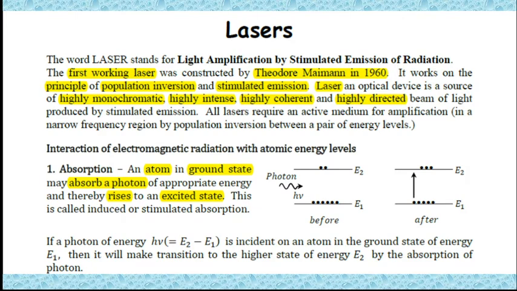It will have very high intensity. The coherence of laser light is very large, and laser light will be highly directional. There will be negligibly small deviations. These properties, along with population inversion and stimulated emission, will be discussed in detail later.